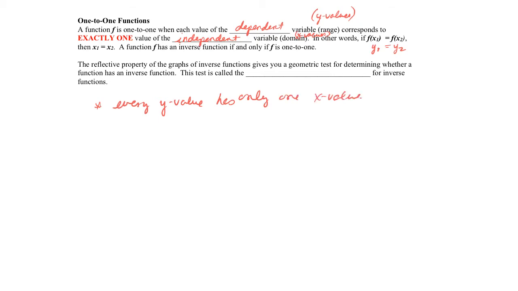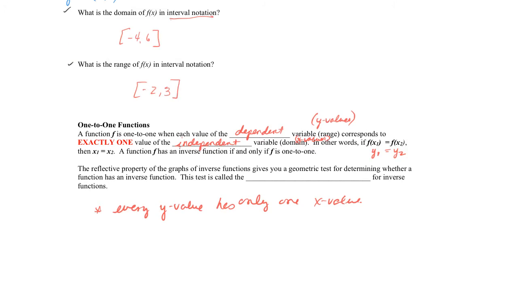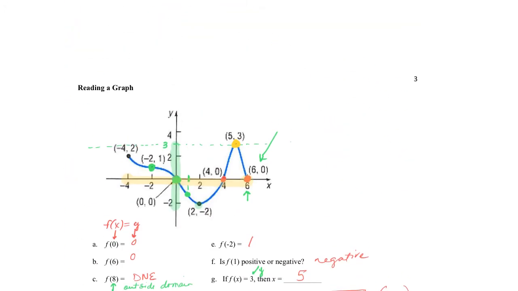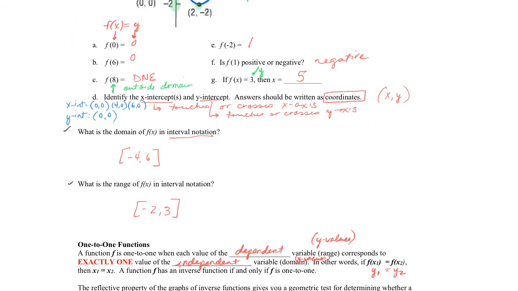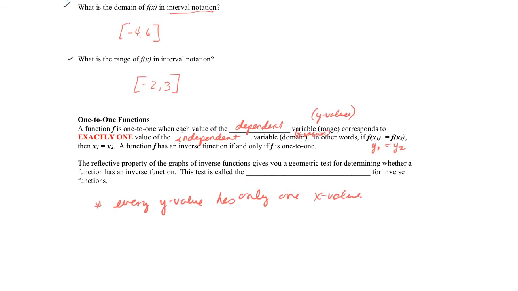Now remember, when we talked about function on the previous page, a function is when every x value has only one y value associated with it. So now we're saying every y has only one x value associated with it, okay?